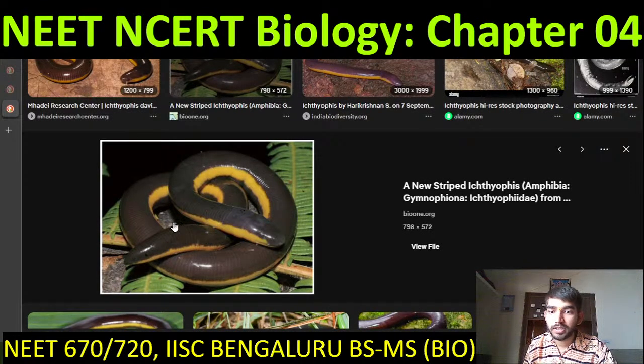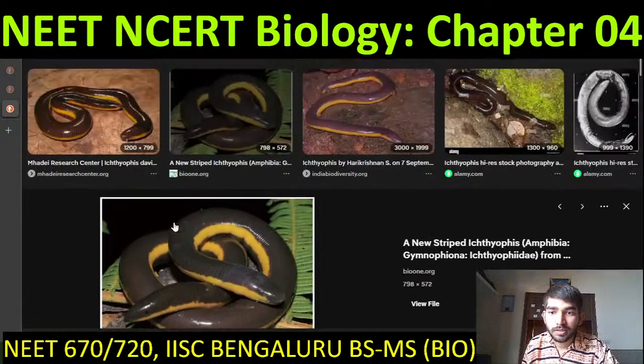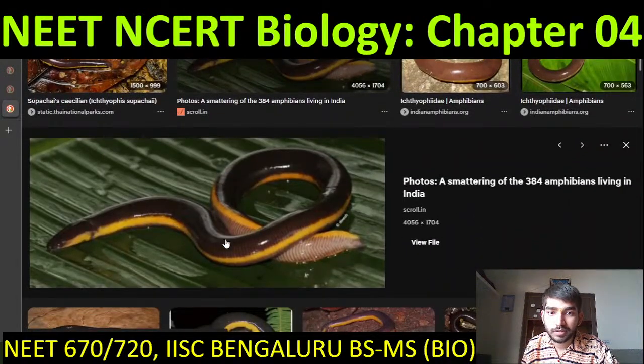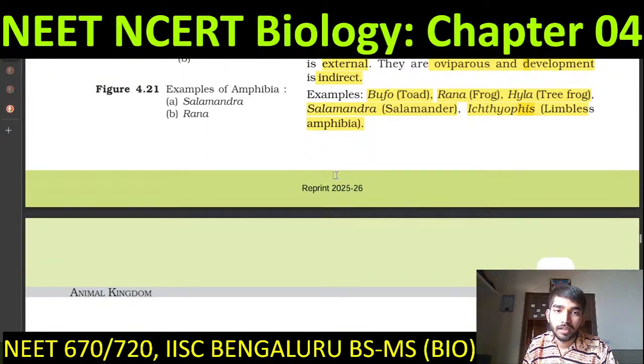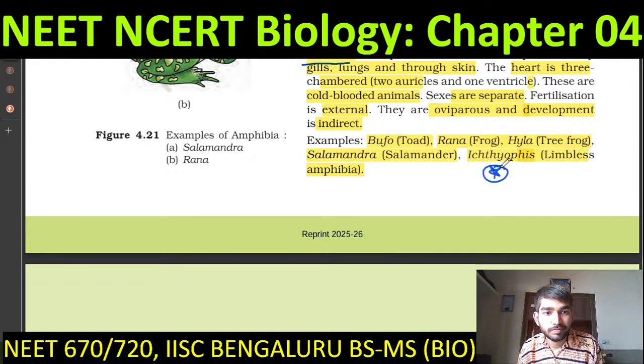So, based on all the different characteristics that we talked about, it belongs to the amphibians. Although you will see it from far away and you will think that this is maybe a member of snakes, but its skin and all the other features align more with amphibians. So, this example you should remember, not to confuse with snakes or any other group. Ichthyophis, limbless amphibia.